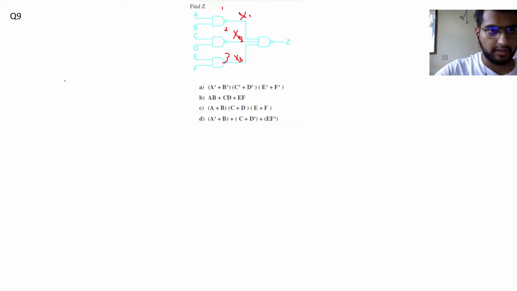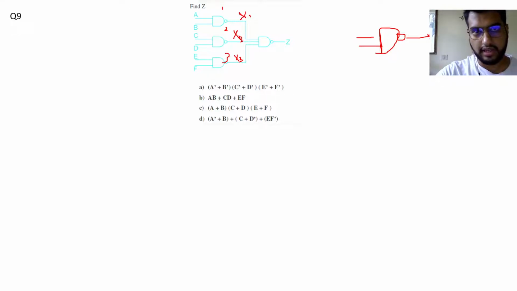Taking gate 1, which has inputs A and B, this is a NAND gate. So x1 will simply be equal to (AB) bar. Then we have gate number 2 with inputs C, D, and this is a NAND gate. So x2 will be equal to (CD) bar.